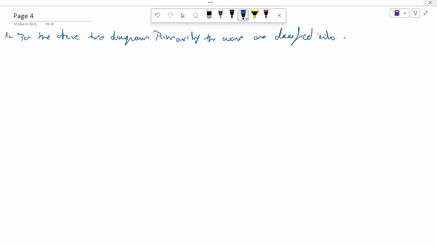Into four types. Let us see what those types are again. A stands for the first category, B for the second, C is the third category, and D is the fourth category. We have termed it as 1, 2, 3, 4 at the first level.